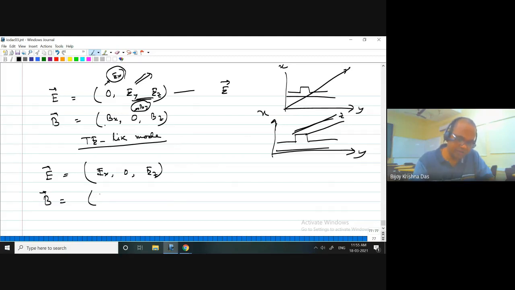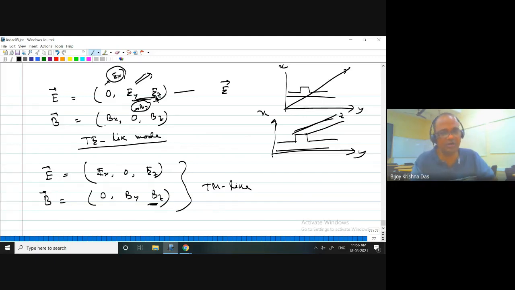So it will be 0, By, Bz. If these components are the major components, then it will be called a TM-like mode. It is not completely a TM mode like in a 1D waveguide, where we don't have any longitudinal component. Here there is an additional longitudinal component which you cannot really ignore.